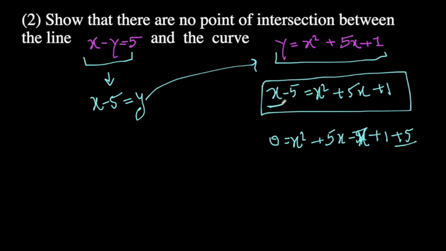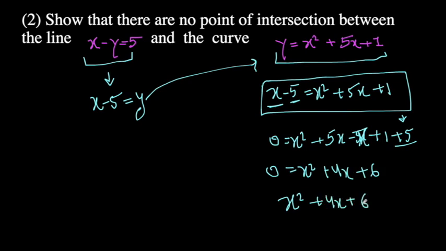Because this x is shifting to another side and this minus 5 is shifting to another side. That's why the positive is becoming negative and negative is becoming positive. Okay, so now let's try to solve this. 0 is equal to x square plus 4x plus 6. So your quadratic equation is x square plus 4x plus 6.